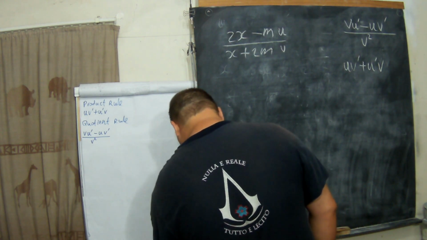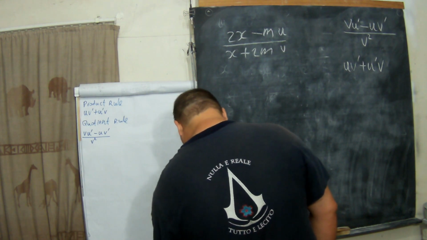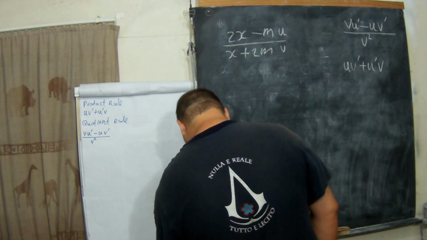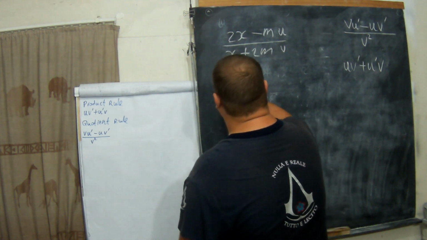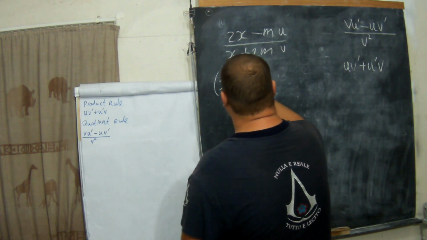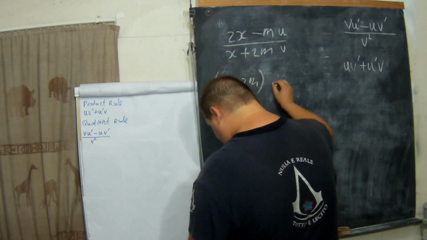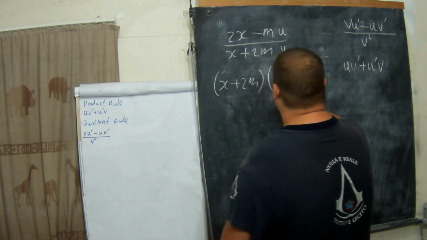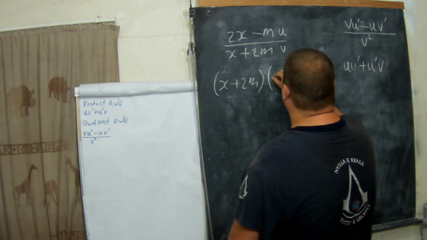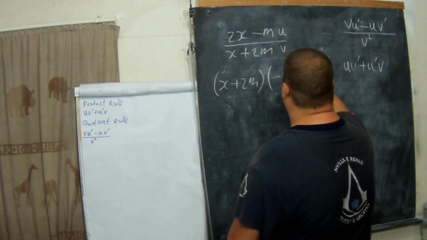So, first off, we have x plus 2m multiplied by minus 1.